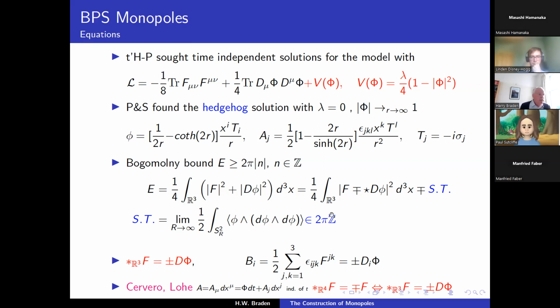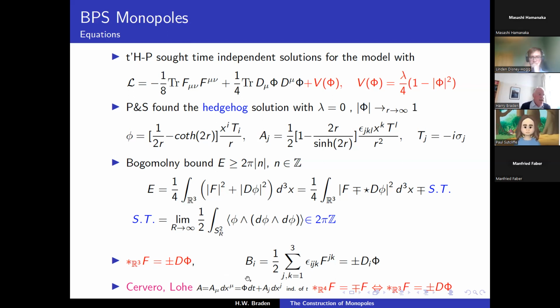And you'll see here that we can bound the energy by that surface term if we have a set of first order equations. So these are the equations, the BPS limit of the monopole equations that we're going to study. So this is the limit where the coupling constant, if you wish, lambda goes to 0, but we keep the boundary conditions on the field phi, the Higgs, at infinity.